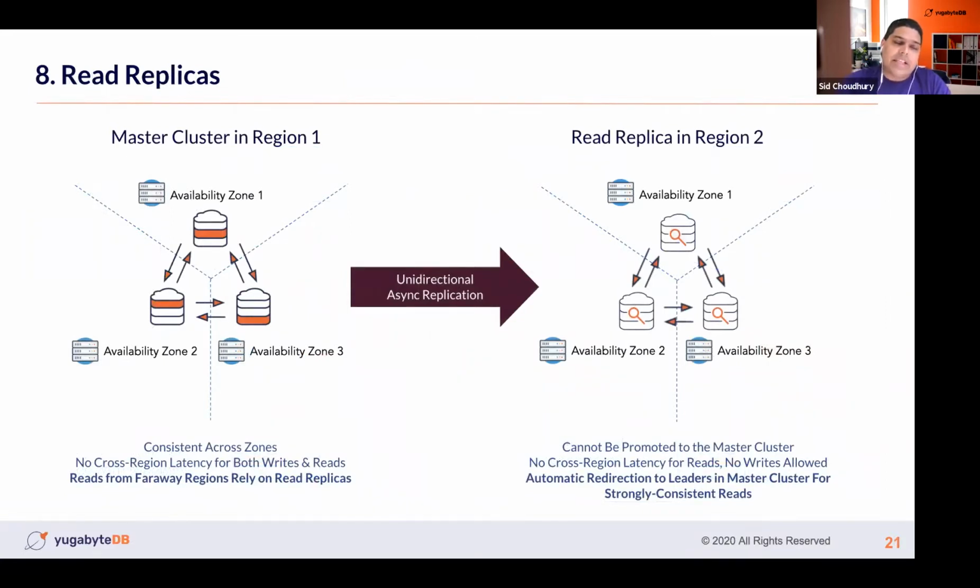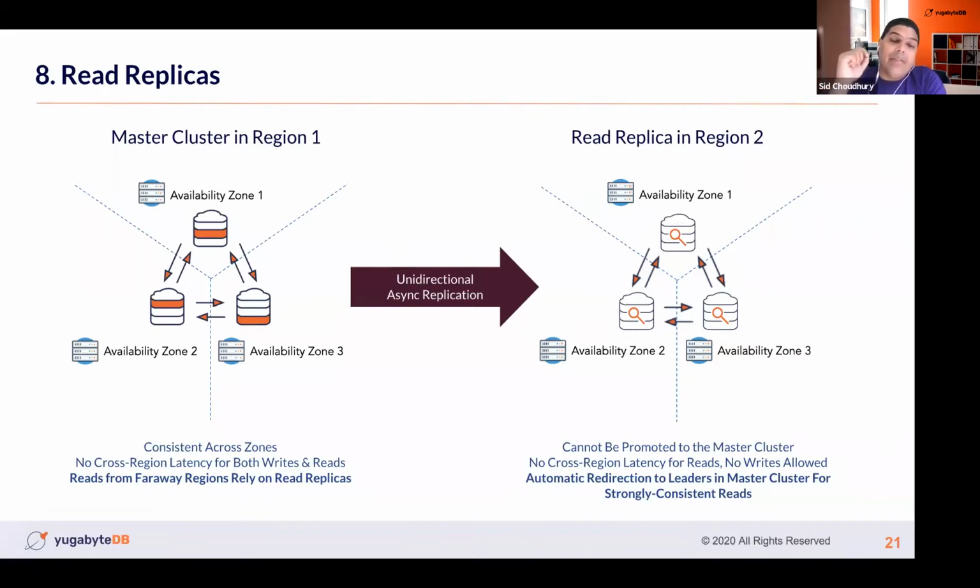Then comes the aspect of read replicas, and read replicas are not, I would say, new. They have been around for a long period of time. What is exciting in distributed SQL is that you can have a master cluster in region 1 which is taking the writes, and the write nodes are in the same region, but you can do unidirectional async replication out of this master cluster into a read replica cluster in a separate region.